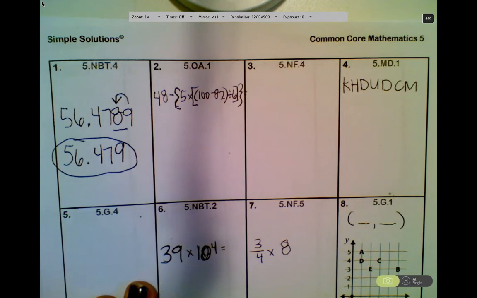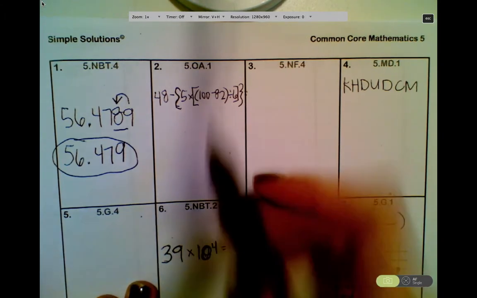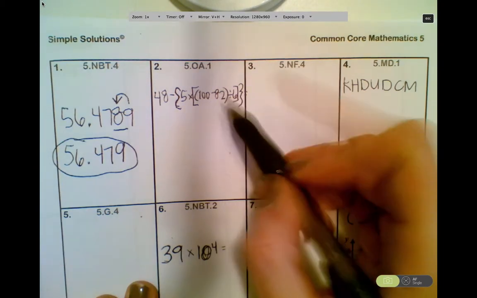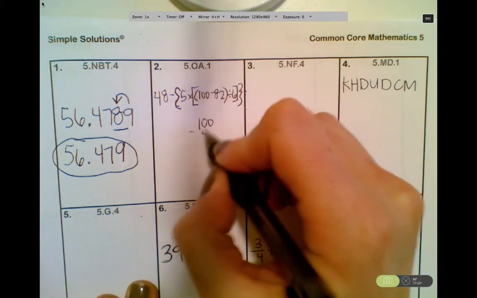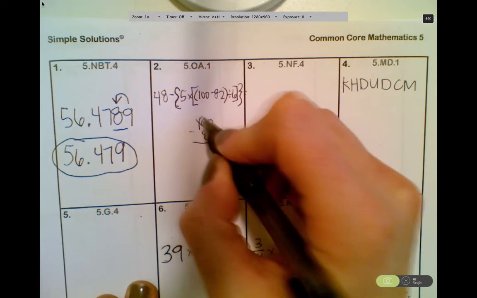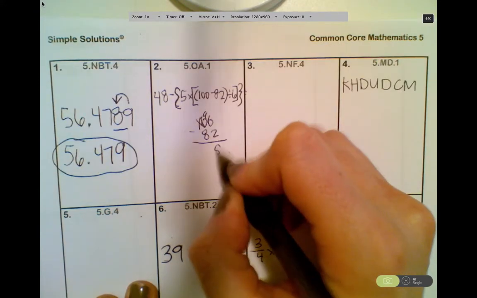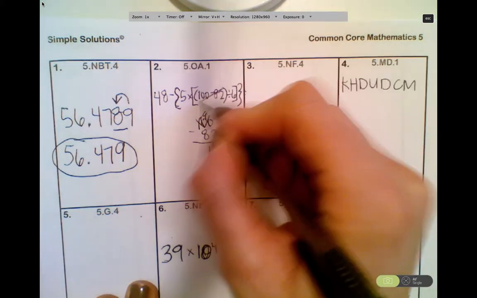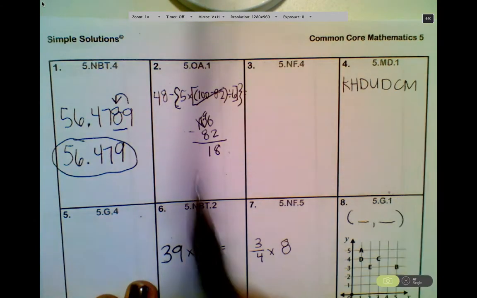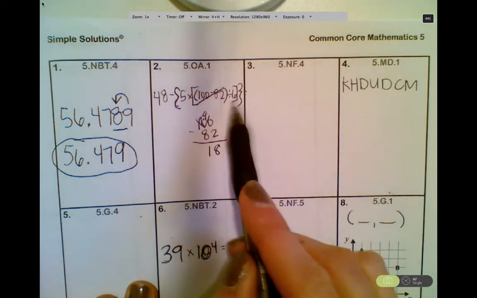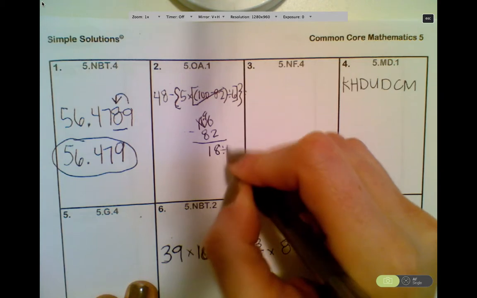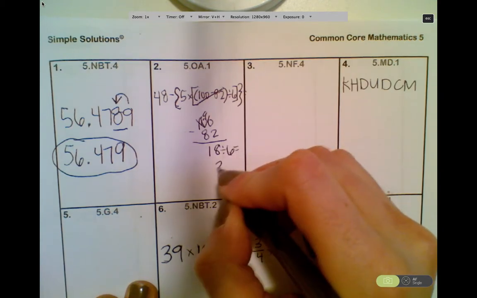Number 2, we'll follow order of operations within our brackets. The first thing in our innermost parentheses is 100 minus 82, which is 18. Now the next thing inside my next brackets is 18 divided by 6, which is 3.